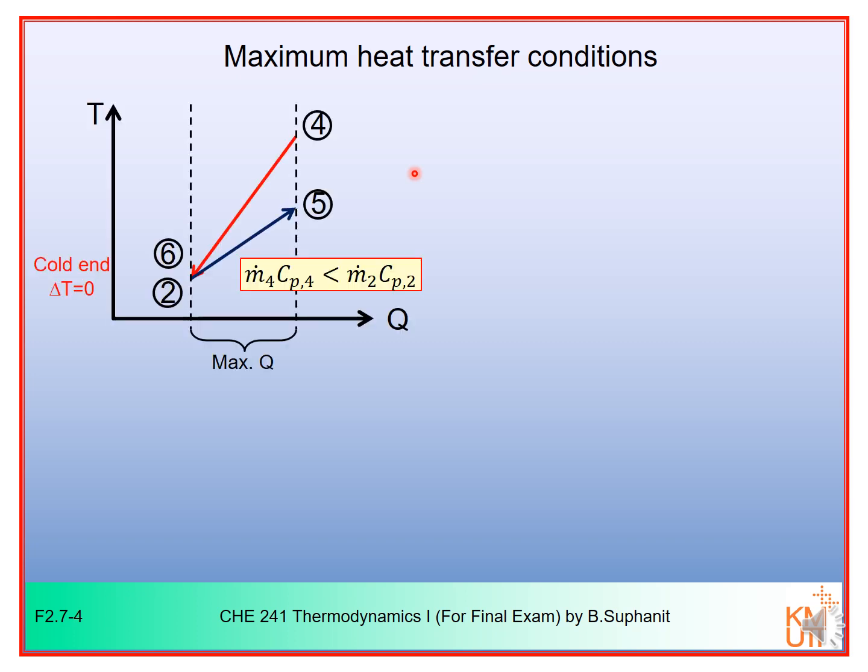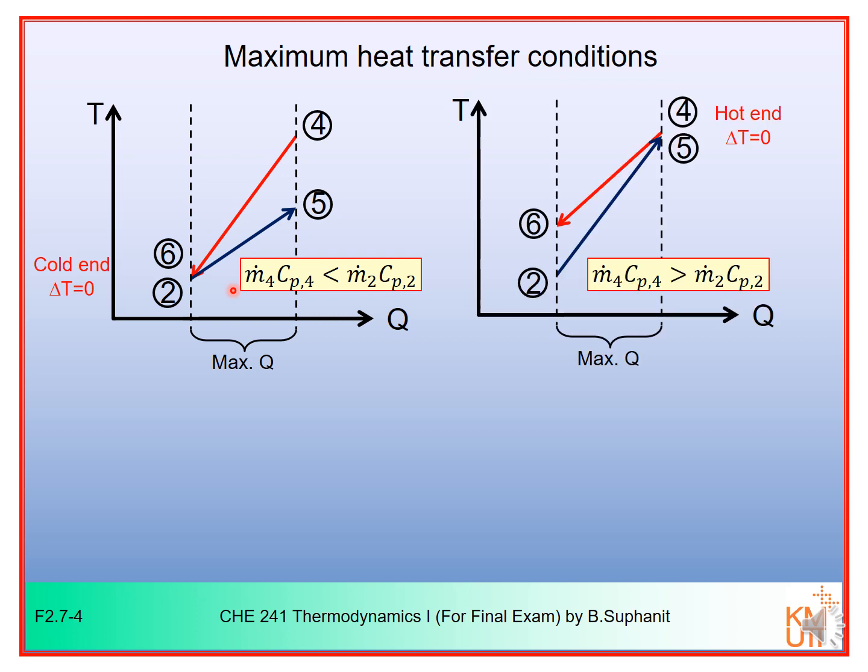The first one occurs when MCp of the hot stream is less than that of the cold stream. In this case, we can see that the zero temperature difference appears at the cold end. The exhaust gas from the regenerator will be at the same temperature as that at the compressor exit, or T6 equal to T2 here.